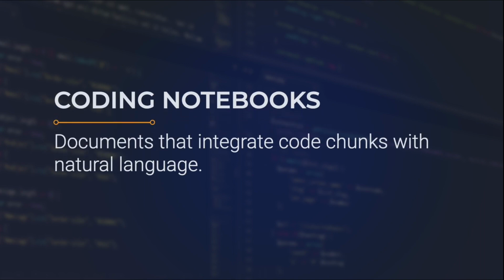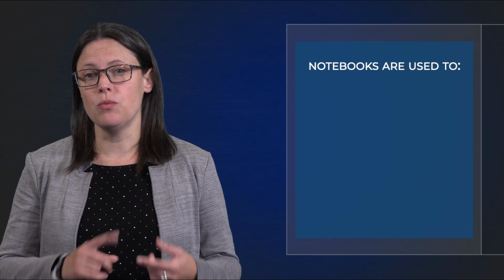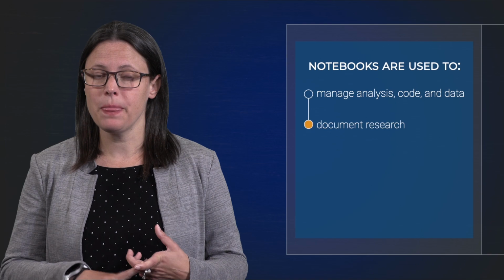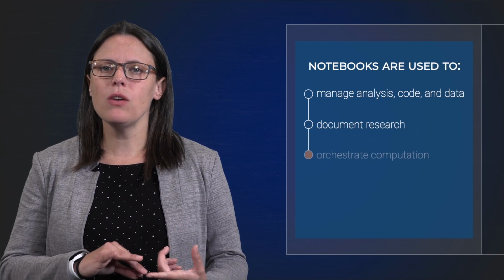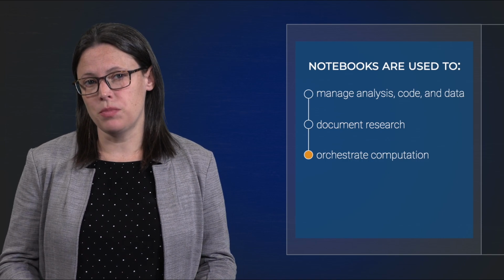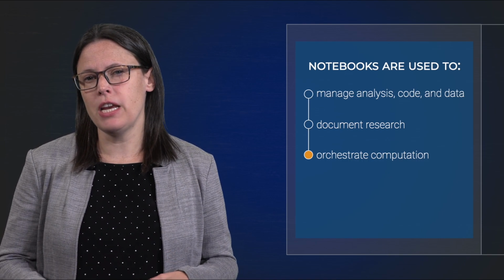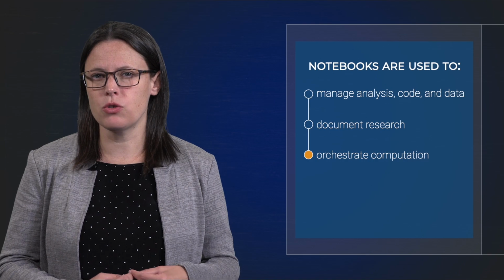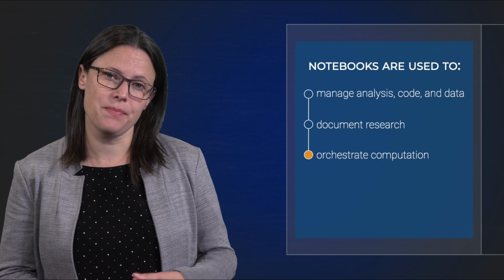Coding notebooks are documents that integrate code chunks with natural language. Notebooks are used to manage analysis code and data, document research, and orchestrate computation. As with all programming and scripting, notebooks take change into account while also orchestrating control over analysis.